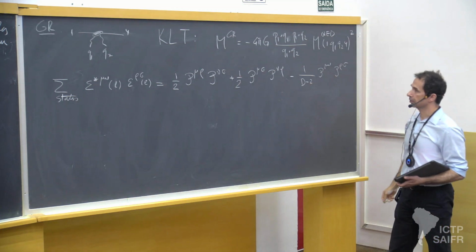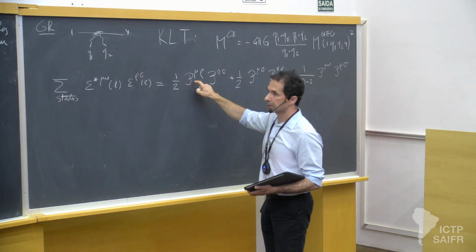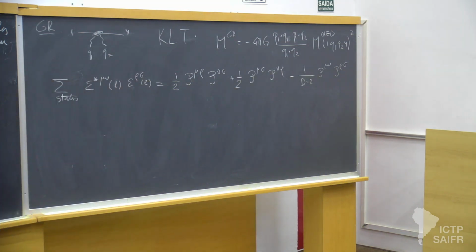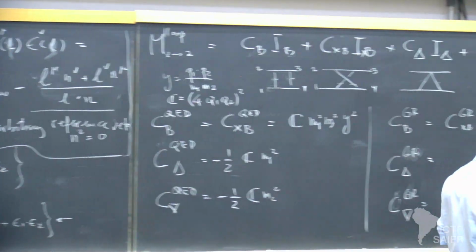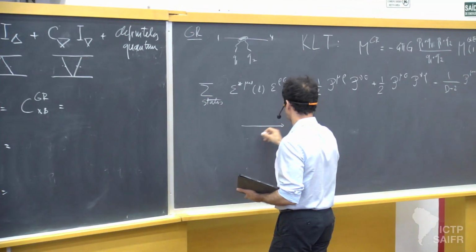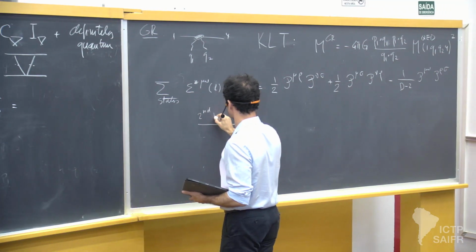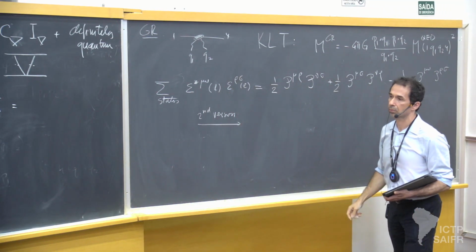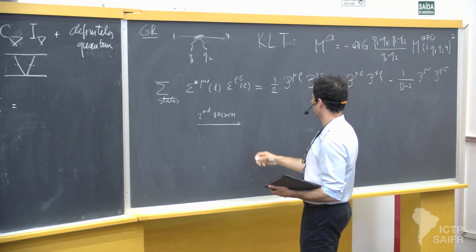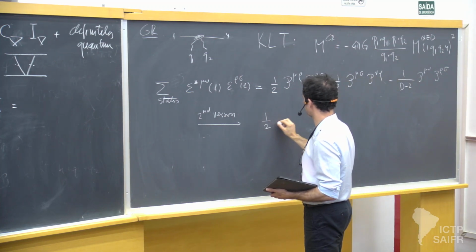Having said this, this guy is a little funny. It has both the eta mu nu and this reference vector. But if you use the second version of the Compton amplitude, then this collapses a little bit.